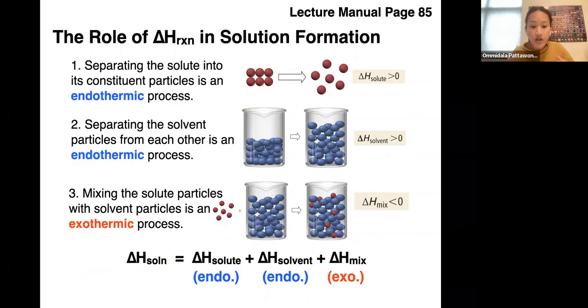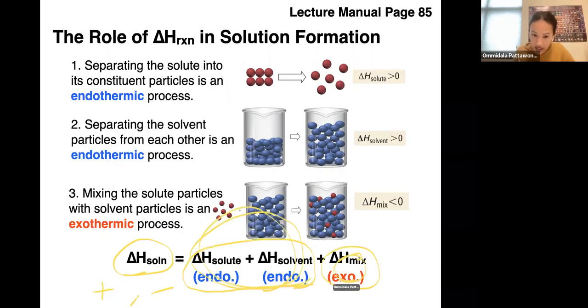Okay, so that means the delta H of solution is going to involve the endothermic process of separating solute, the endothermic process of separating solvent, and also the exothermic process of mixing solute and solvent together. So whether it comes out positive or negative depends on the relative strength between the endothermic and exothermic. If the endothermic is huge, and you add the exothermic, which is negative, of course the overall is going to be positive.